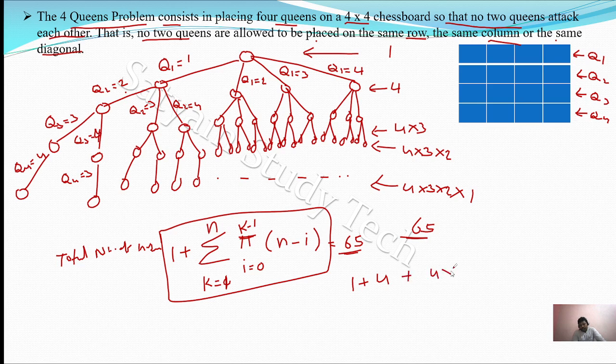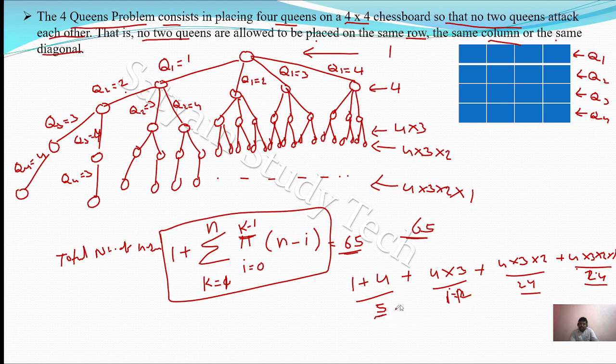Next, 4 into 3, plus 4 into 3 into 2, plus 4 into 3 into 2 into 1. Here it is 24, 24, 48, plus 12 is 60, plus 5 is 65. Total 65 nodes.